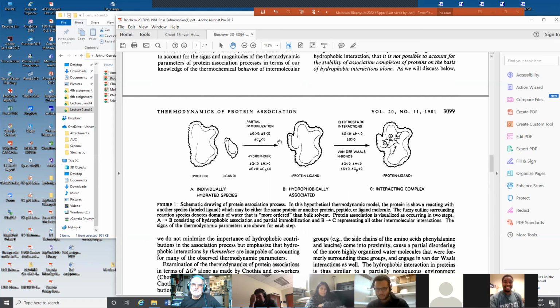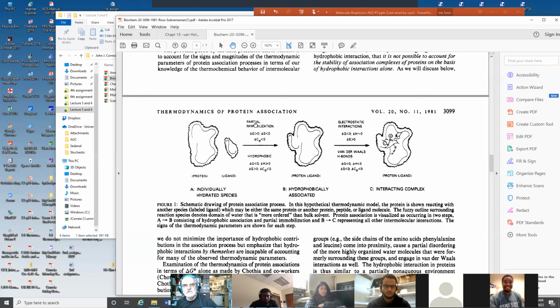They also discuss partial immobilization, all right? And this is something that I don't think that I've mentioned to you yet, but the idea is that this small molecule is diffusing and tumbling around, and it has a certain amount of entropy. But when it binds to this bigger protein, its mobility is diminished.